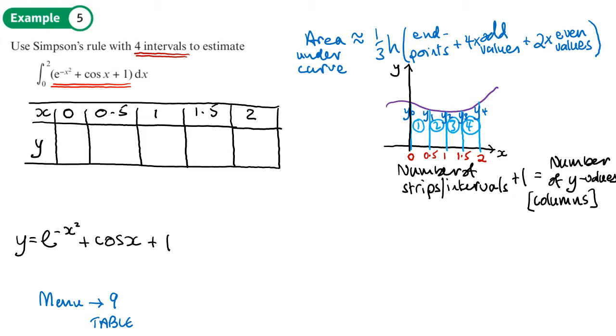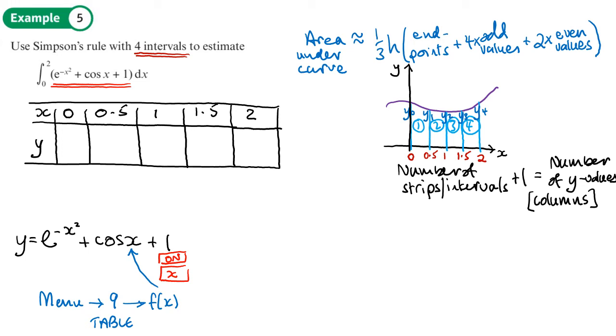So once it says f of x, in this case, we are going to type in e to the minus x squared plus cos x plus 1. Once I've typed in my function, and there is an X button, by the way, that you can use. There's a button that's got X on it. That makes it easier to type it in. And the X is underneath the on button.